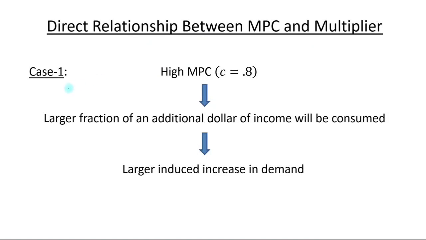Case 1: if we take a high MPC value of 0.8, it implies a large fraction of an additional dollar of income will be consumed, due to which there will be a larger induced increase in demand. In this situation, the value of the multiplier will be larger.